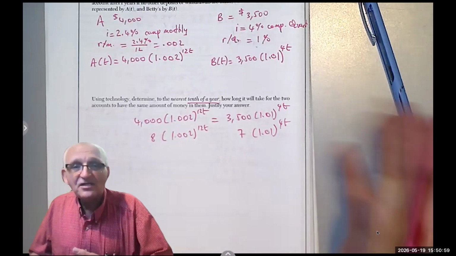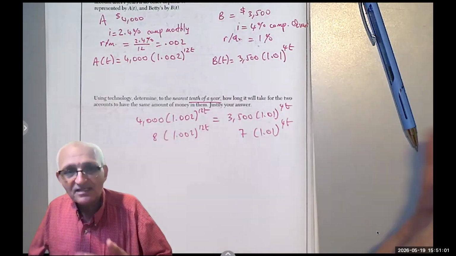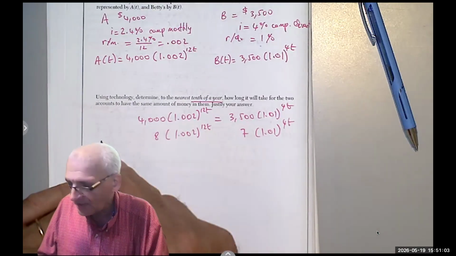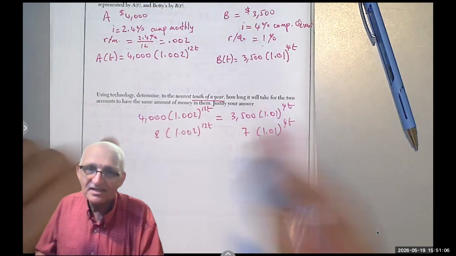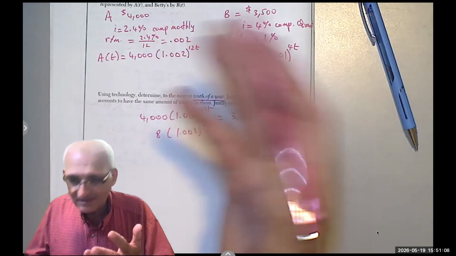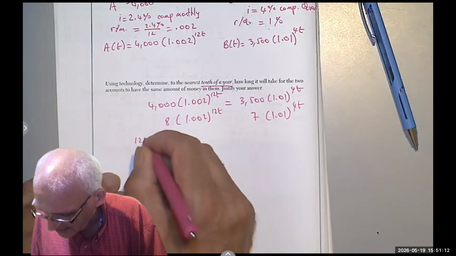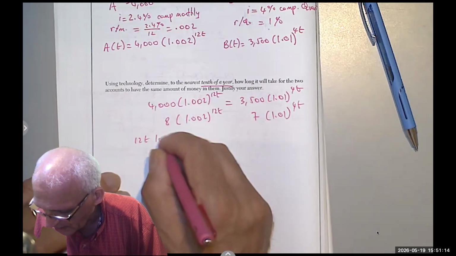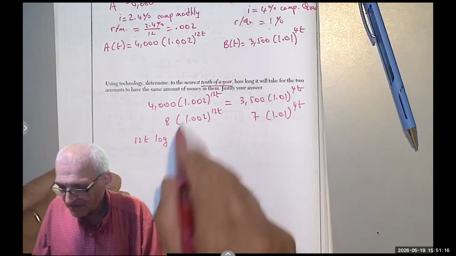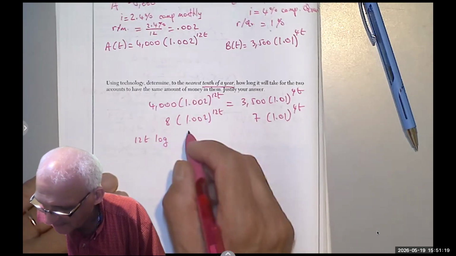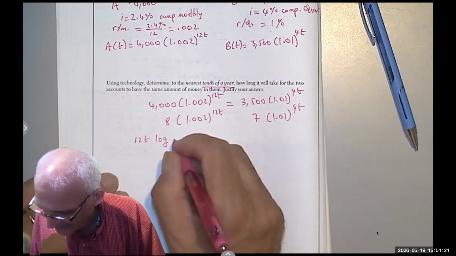Okay, and then you can take the log of both sides, so you give 12t here and 4t there, and then you divide and end up with an answer. For example, I can say 12t times log of 8.